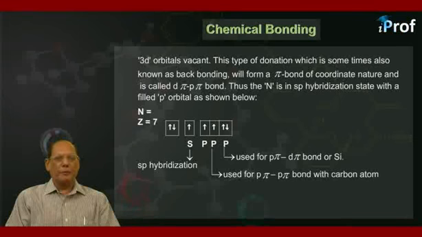they undergo sp hybridization. One of the p orbitals is used for p-pi bond with the carbon atom, and the last p orbital, which contains a lone pair, is used for p-pi bond with silicon.